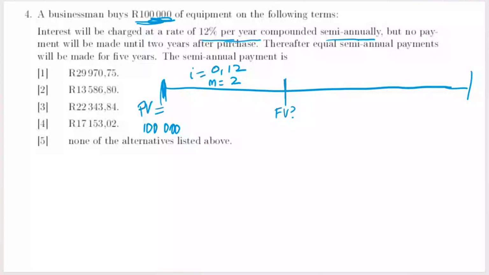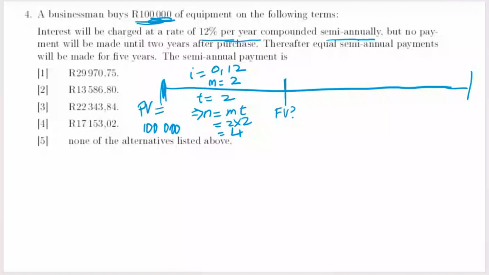So now your time here is equal to 2. Remember, this implies that your N is equal to MT, which is equal to 2 times 2, which is equal to 4. So now you've got all the information for the deferral period, whereby you are not making any payments.